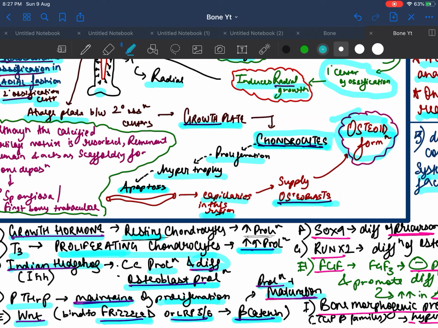So the WNT beta catenin pathway is very much responsible for osteoblastic activity. In future videos you will see that in some diseases there are mutations in the WNT pathway, which lead to either more bone proliferation or less bone proliferation.